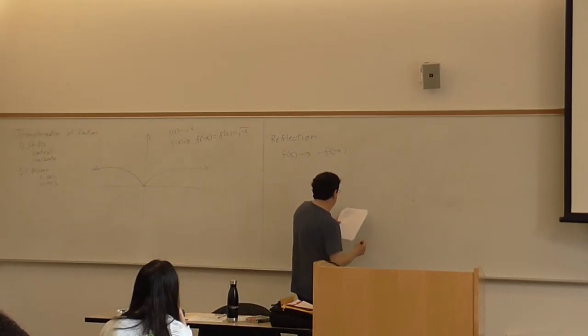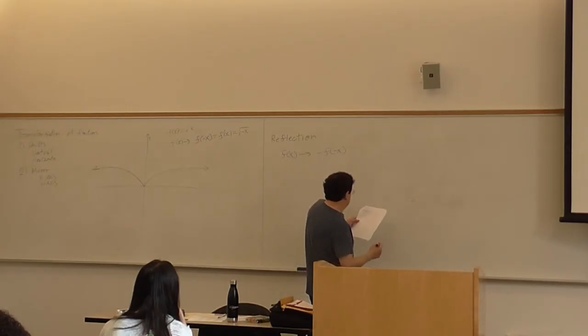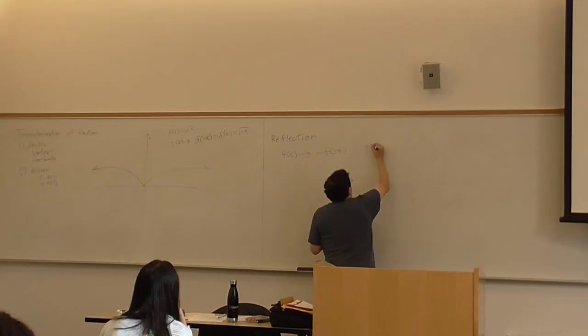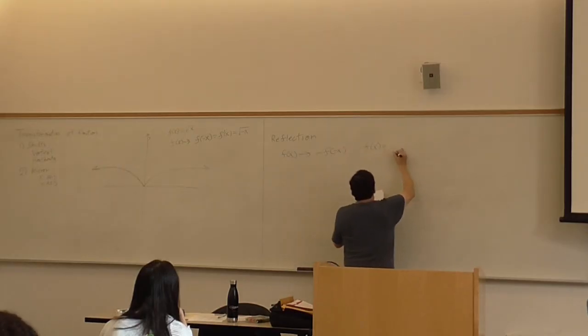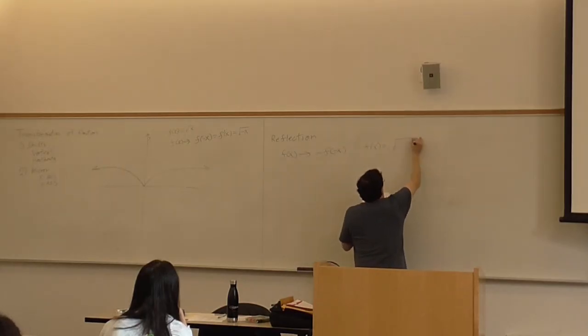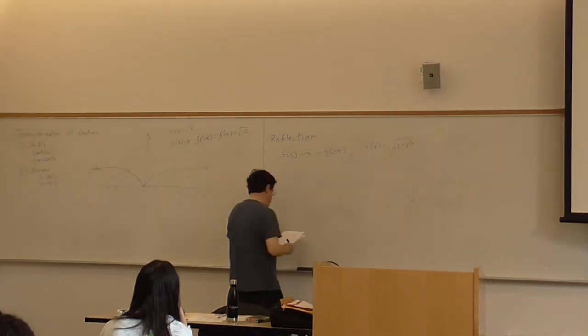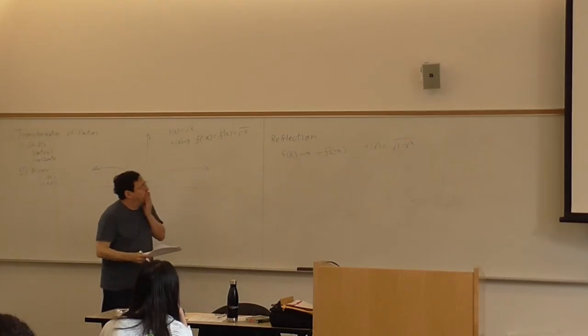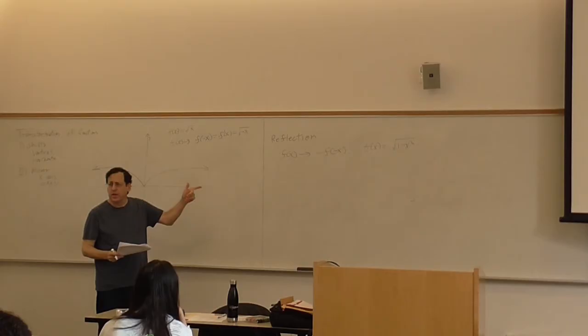So we have a kind of scary looking function here. f of x equals square root of 1 minus x cubed. What's the domain on this function?